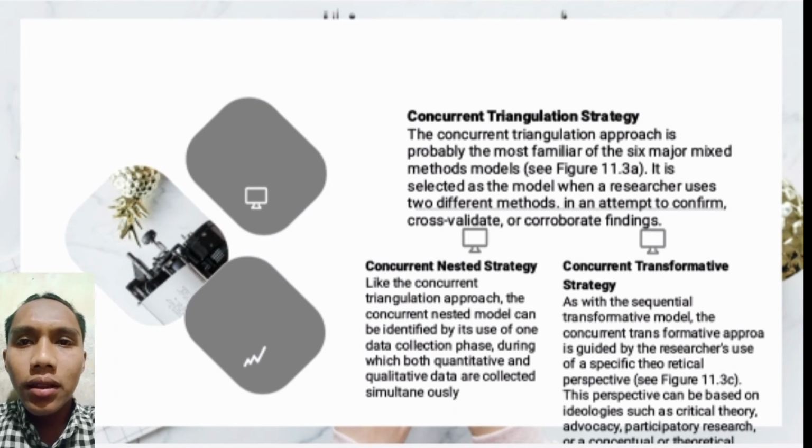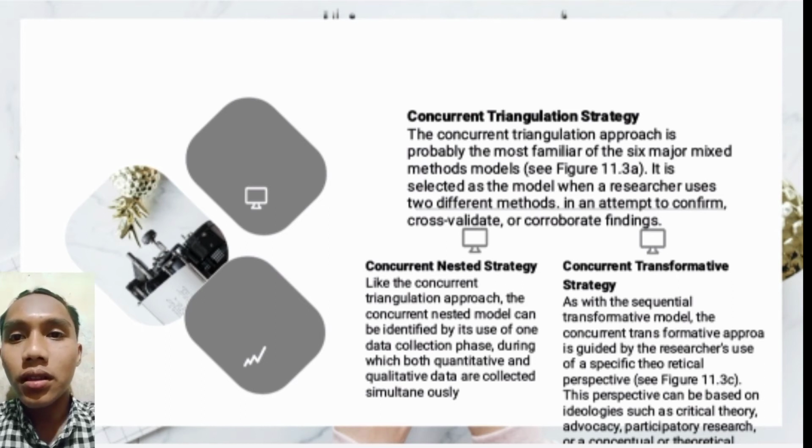Concurrent triangulation strategy. The concurrent triangulation approach is probably the most familiar of the six major mixed methods models. It is selected as the model when a researcher uses two different methods.